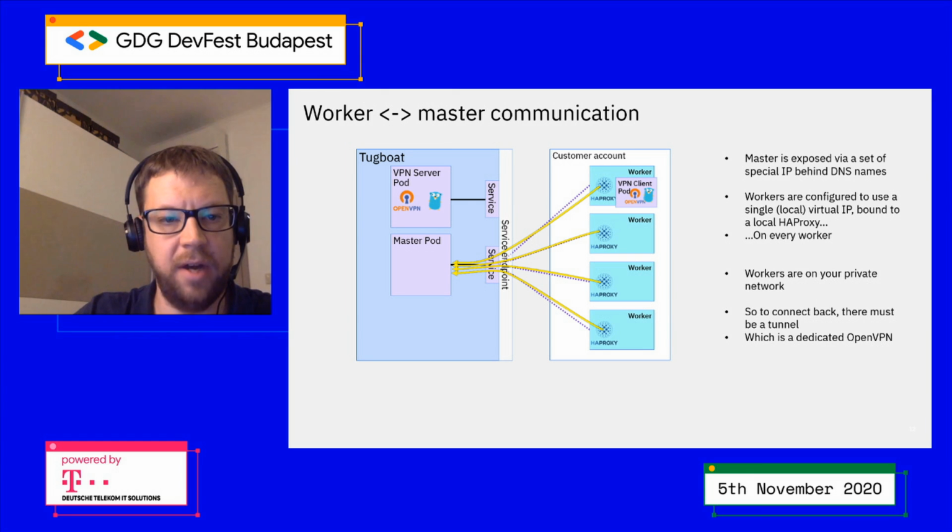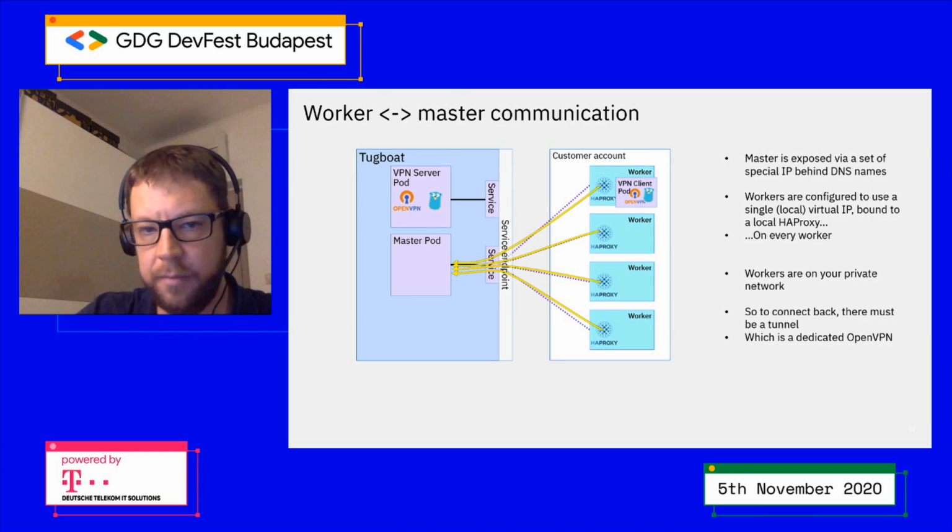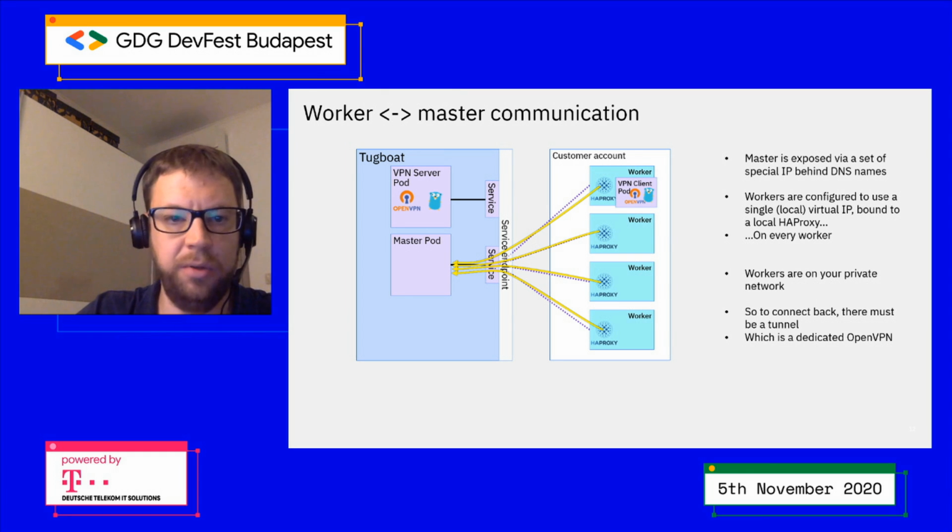The server runs on the tugboat and is dedicated to your customer cluster. It is exposed similarly to the API server behind the service endpoint, which means if there is a VPN client with the same OpenVPN component on the cluster, it is able to establish the VPN connection towards the service.